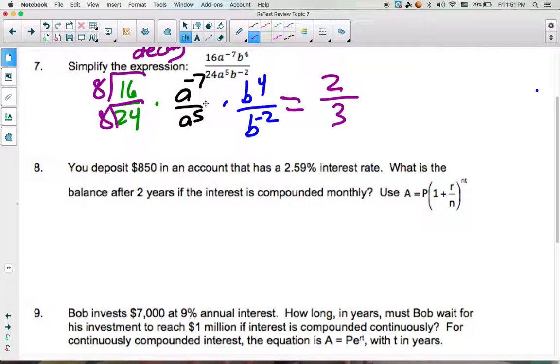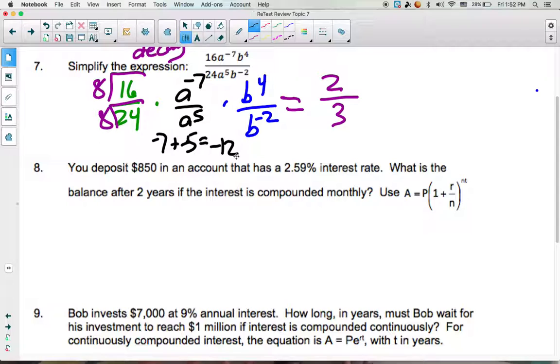Now, your laws of exponents say when you divide the same base, you are to subtract the exponents. So I'm going to take negative 7 minus 5. And if you follow your rules for adding and subtracting positive and negatives, I'll take negative 7, keep it. I'm going to change this to positive and change this to negative. Negative 7 plus negative 5 is negative 12.